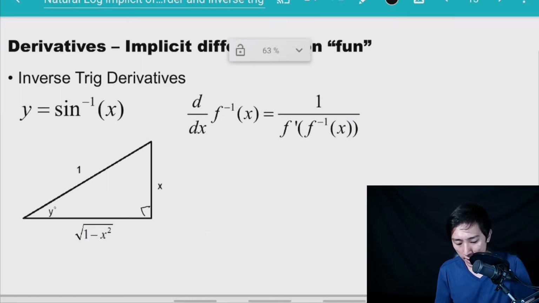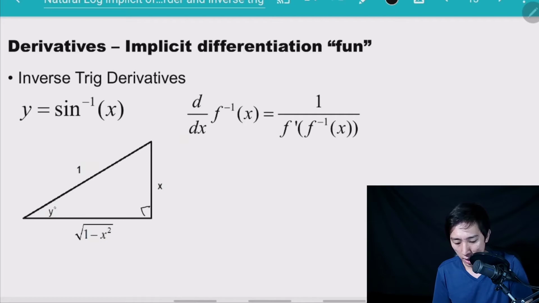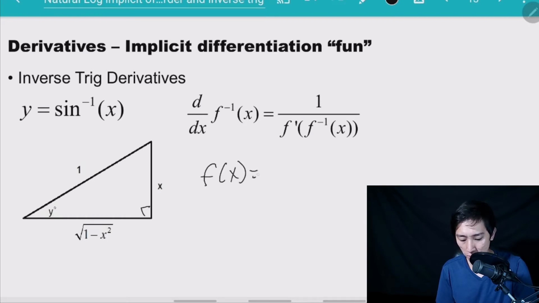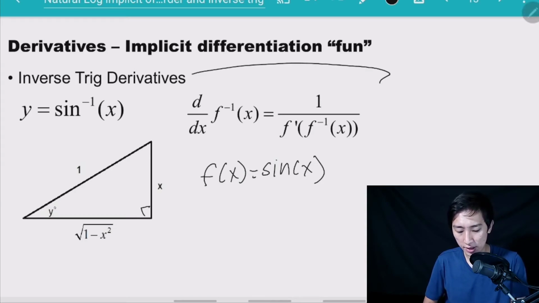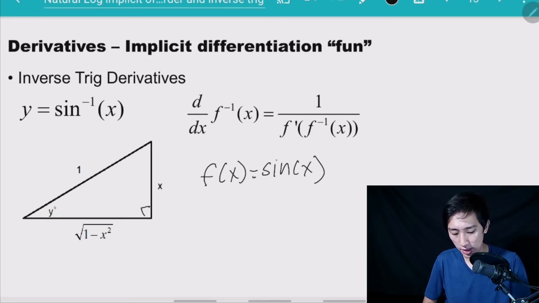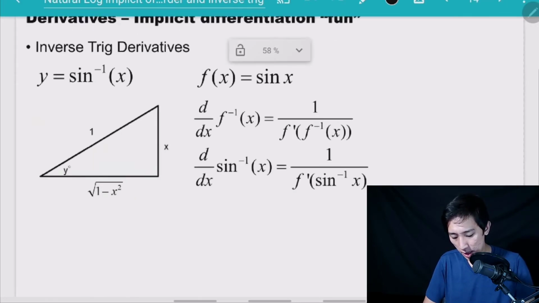Now, with this in mind, we can use this. To find the derivative of my inverse, let's just call f of x equal to sine of x, so that it'll be easy for me to find the derivative of my inverse using this formula. So let's play with this a little bit.